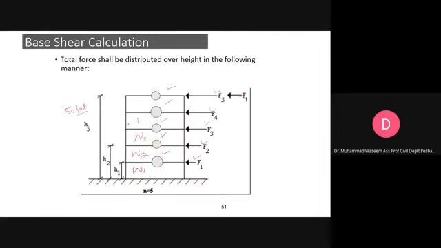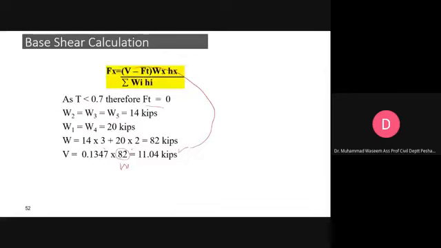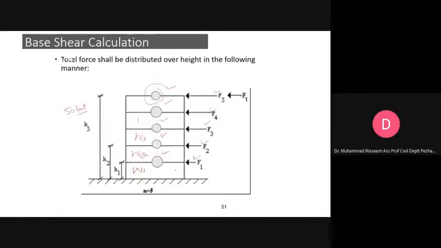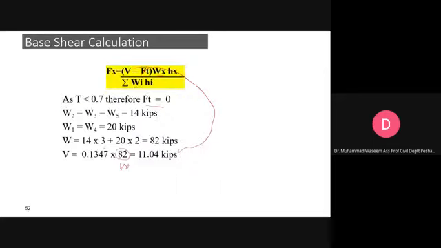Now we have a 5-story building, 1, 2, 3, 4, and every story has a different weight and different height, starting from the ground. Basically you have to use this formulation. You have to plug in the Ft value equal to 0, and for example, if you are calculating F1, you should multiply W1 into H1, then divide by the summation of W h.